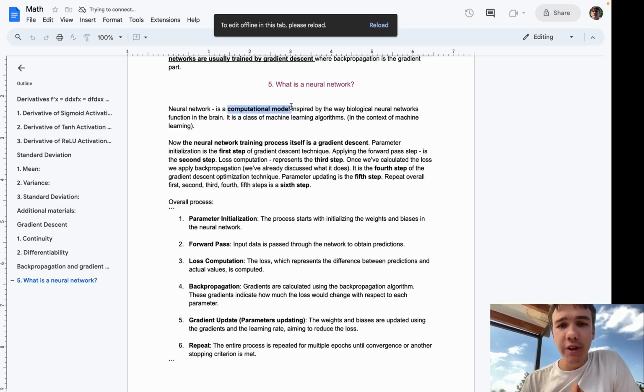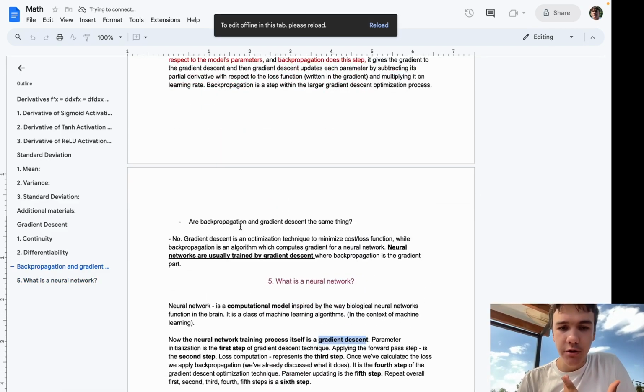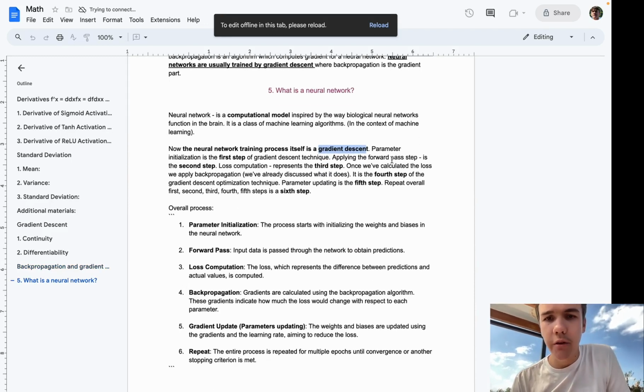This is the computational model, okay? What is gradient descent? It's the training process. Because in the context of a neural network, gradient descent is the training of the neural network. But of course, the definition of gradient descent we've discussed already here. So you may just go to the description and check this file out.